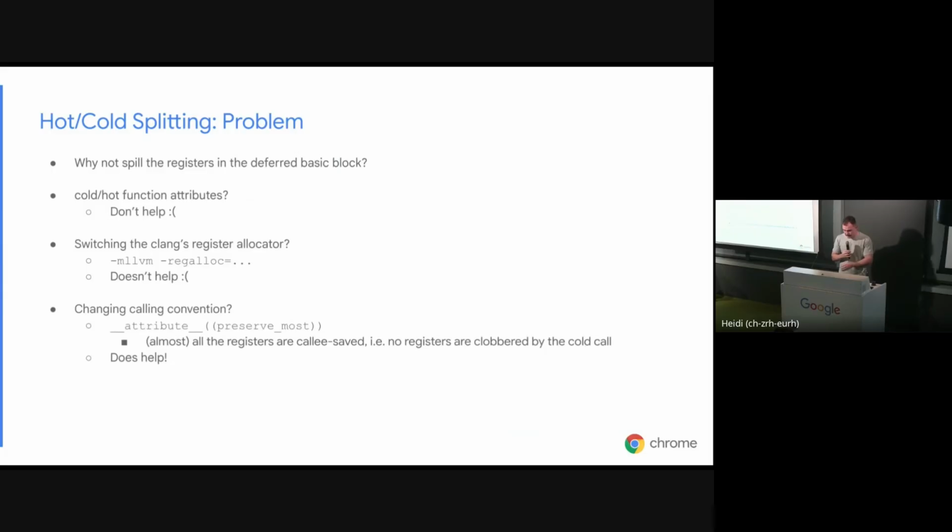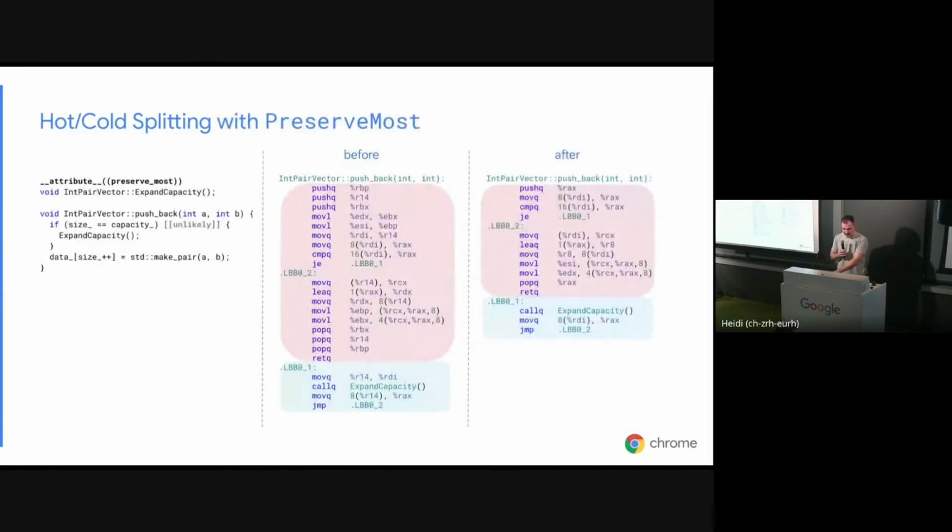It does help. And if you look at what the code becomes, the hot path has become almost 40% shorter than it used to be when we changed the calling convention of the function. This is really great.